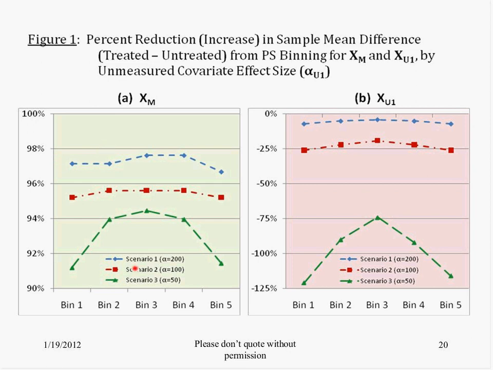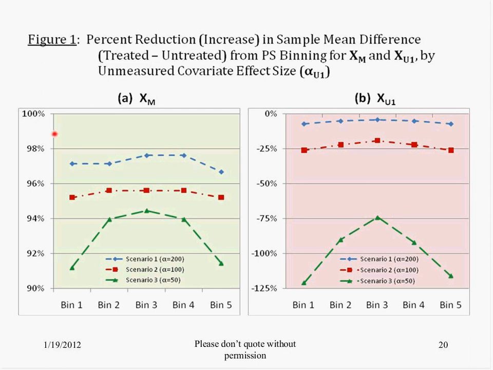Scenario 3 was more dominated by XM, the measured covariate, moving treatment valuation around, and scenario 2 was right in the middle. I also want to show that graph A is for XM, the measured covariate, and graph B is for XU.